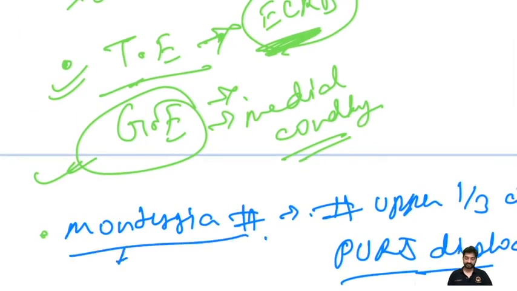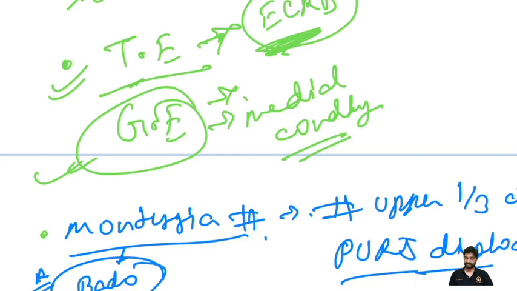For this Monteggia fracture, there is the Bado classification, which classifies it into four types by checking the direction of dislocation of the radial head. In type 1, the radial head moves anterior, so it's an anterior dislocation. Second is posterior dislocation.